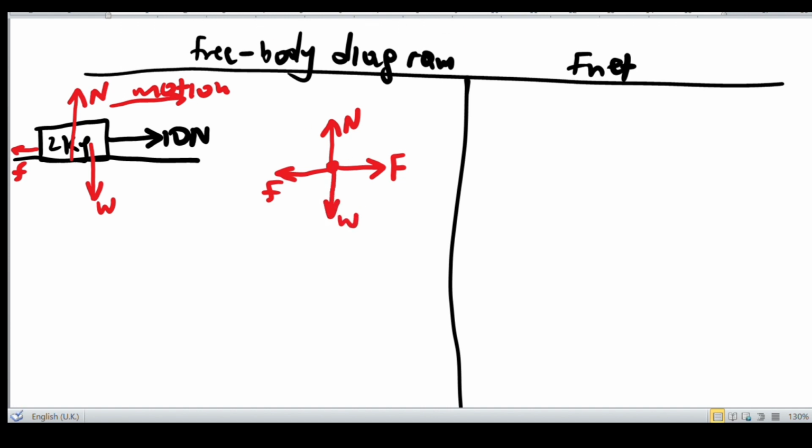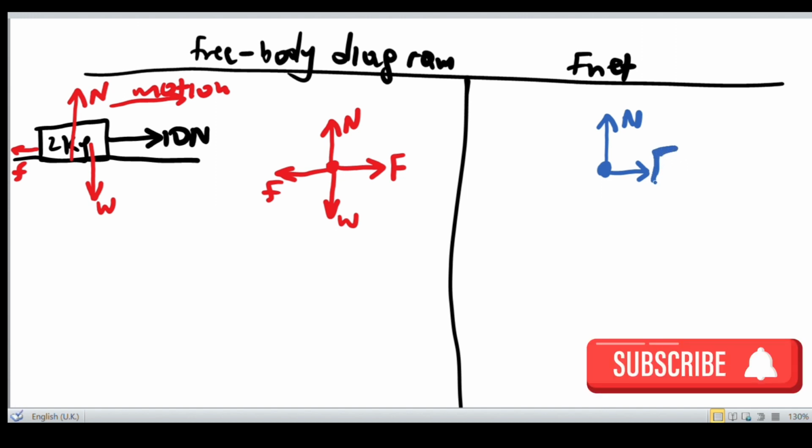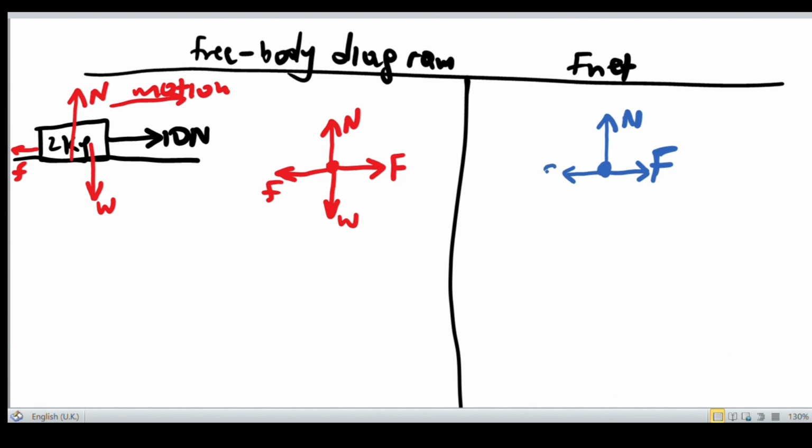Now, when you are about to calculate, you must have another free body diagram for calculations. So this is for calculations. It's a capital letter F, then we have a small letter f, and then we have weight there, small letter W. So this one is for calculations.